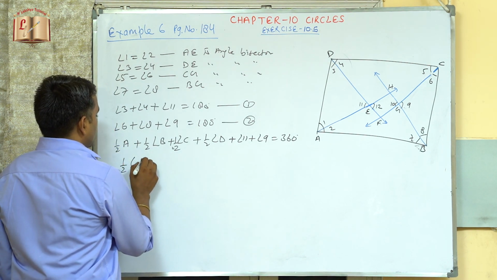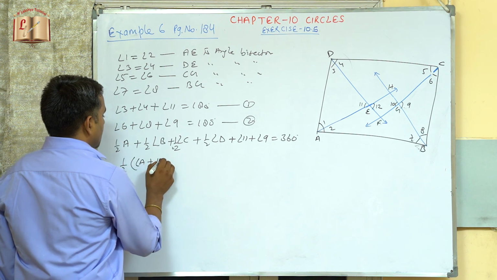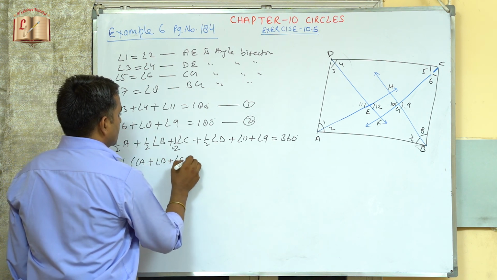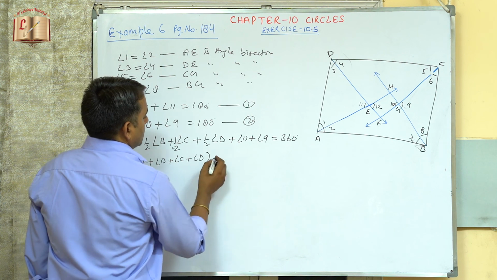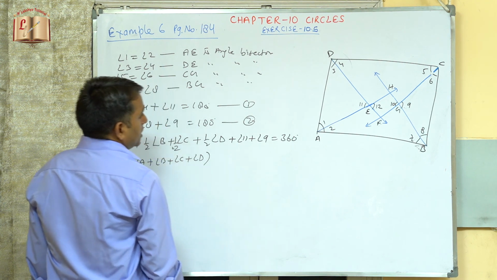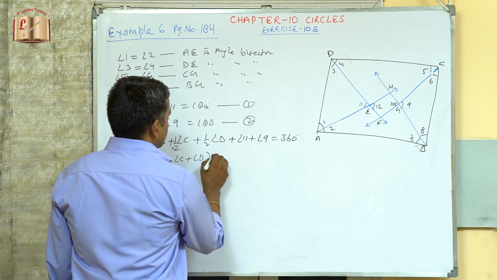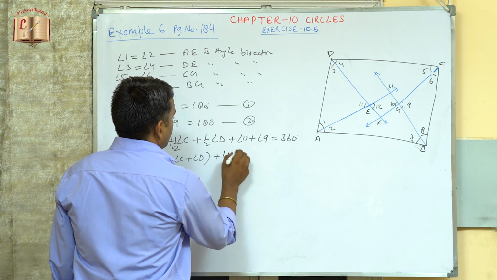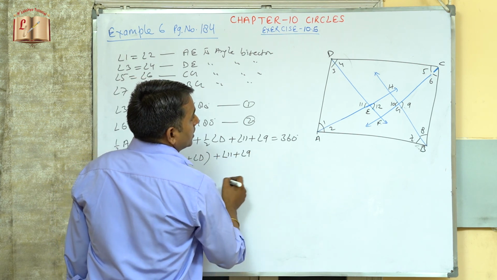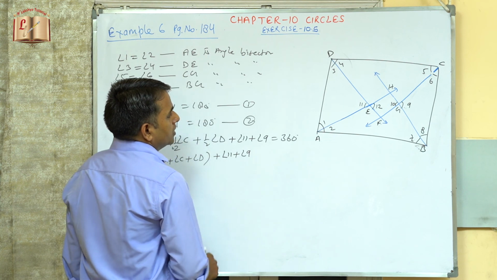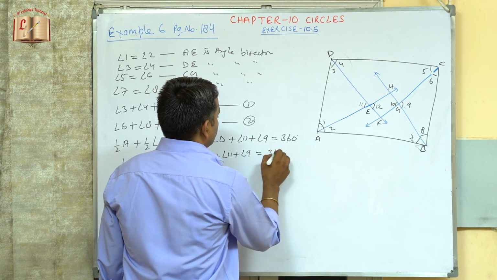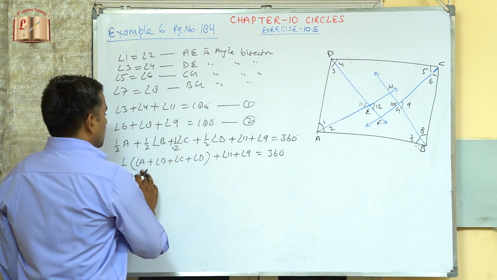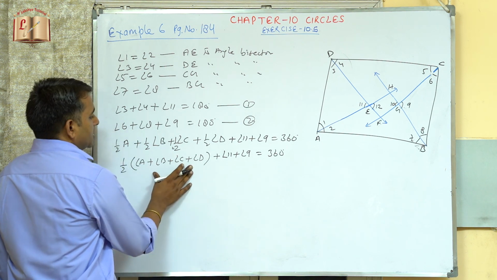So half of angle A plus angle B plus angle C plus angle D, plus angle 11 plus angle 9, will be equal to 360 degree. Now A plus B plus C plus D is 360 degree.